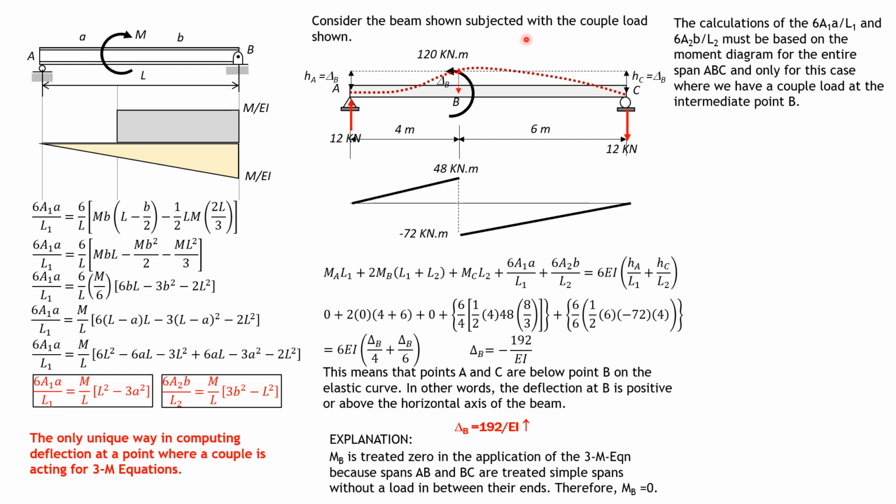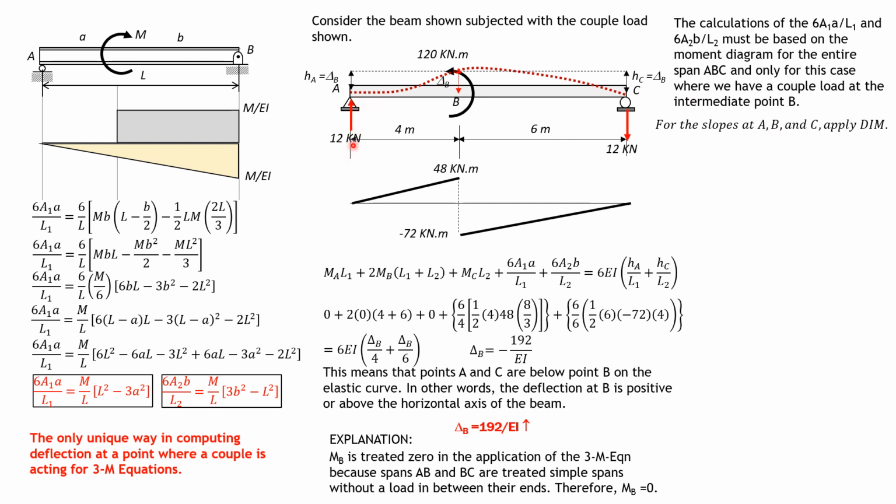When there are any other loadings, then you should compute a separate value for 6A1a over L1 and 6A2b over L2. So for the slopes at A, B, and C, apply the double integration method, because the three-moment equation has no slope in the formula. So we should apply the double integration method.